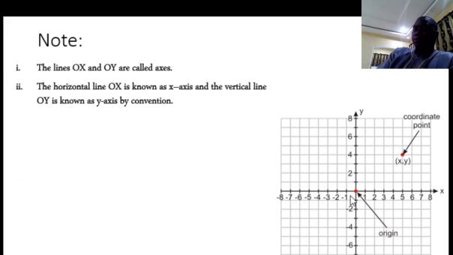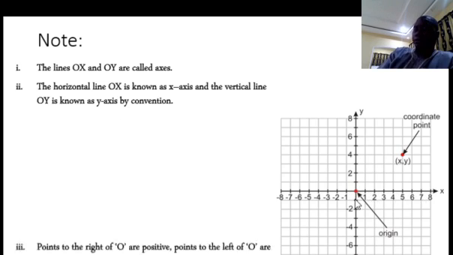Alright, more about the plane. The lines OX and OY are known as the axes. The horizontal line is OX, the vertical line is OY. They are called the axes. OX is the X axis, while OY is known as the Y axis.